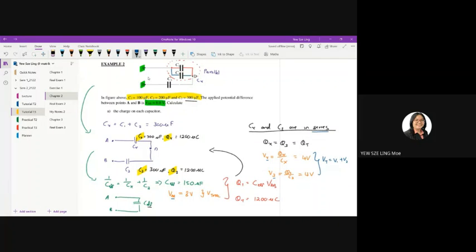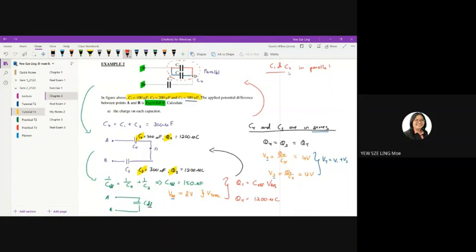So I need to reverse the process one more time. From the purple color solutions, I'm going to go back to the original diagram. The information that we simplified just now is C1 and C2. So what is the relationship between C1 and C2? C1 and C2 are in parallel.